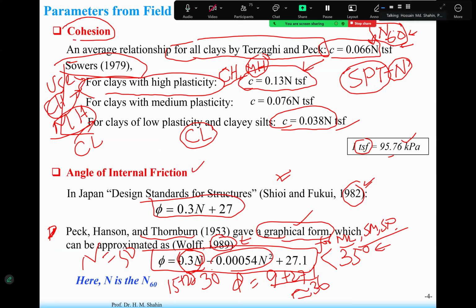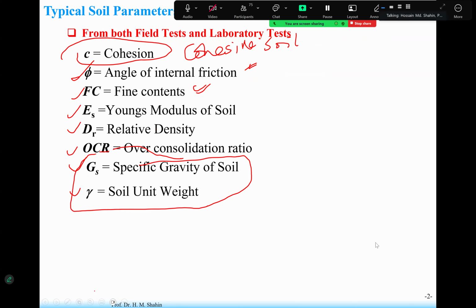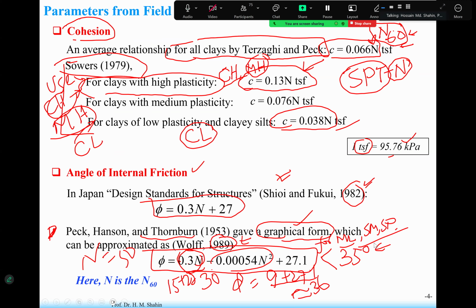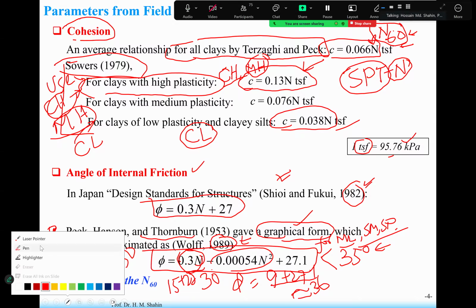Again, so 42. So you have to use 35. Understood? So here we use two equations, I am repeating this one.